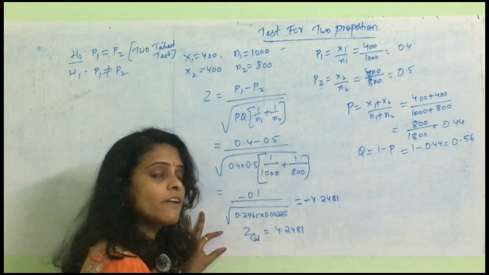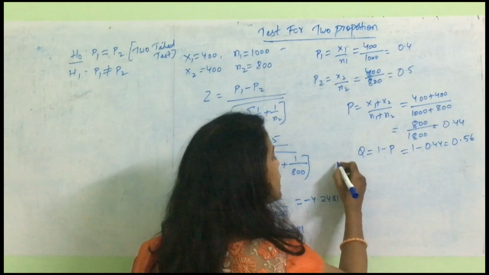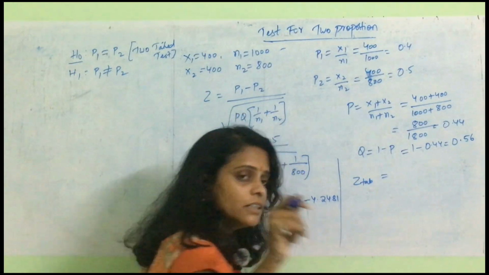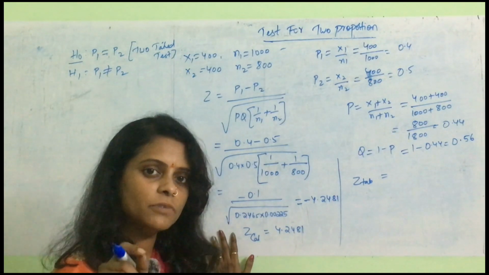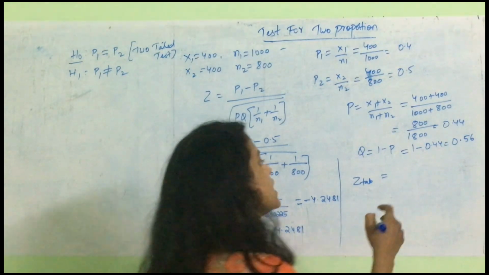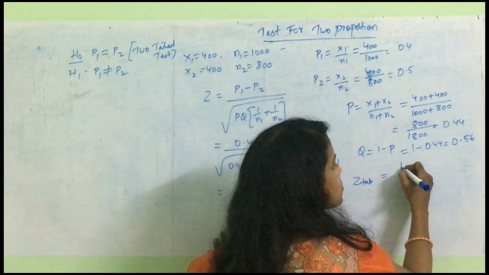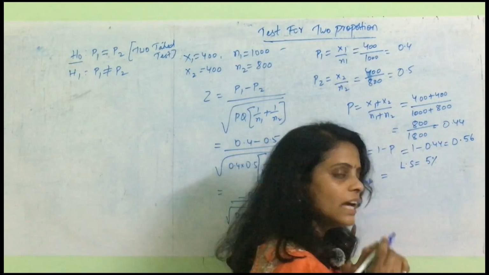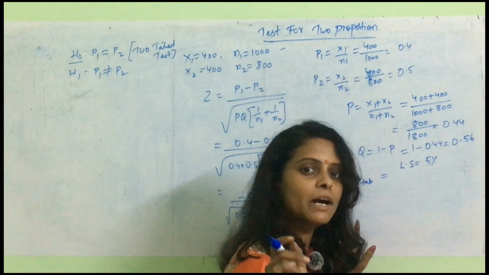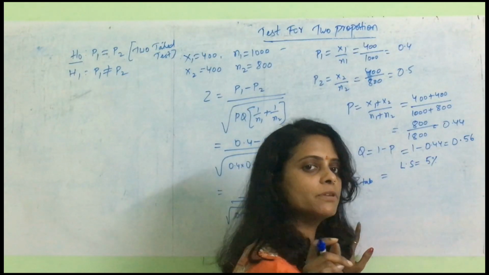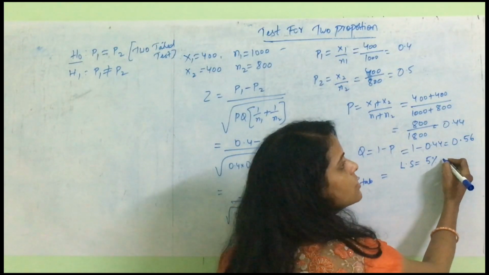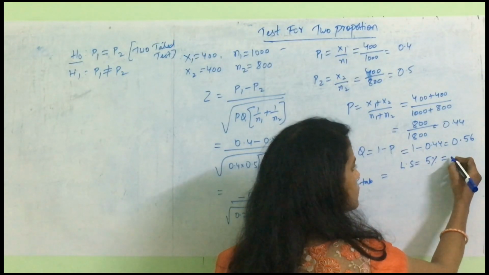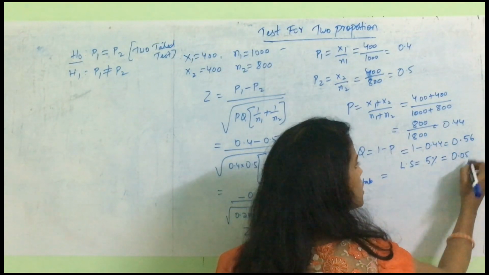Now we have to find out the z table value. So check it in the table. The level of significance is 5%, because nothing is mentioned in the question, which means by default we have to take it as 5%. So 5 divided by 100 is 0.05.